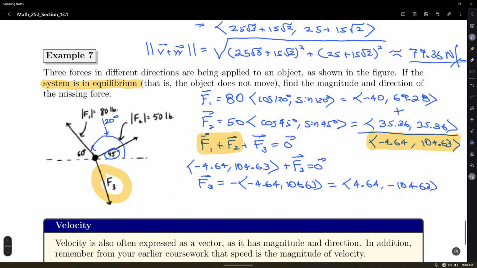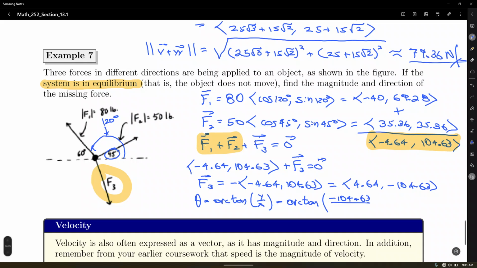So what do we do? The arctangent again, because these numbers are not a standard angle. So theta equals arctan of y over x, which is arctan of negative 104.63 over 4.64.